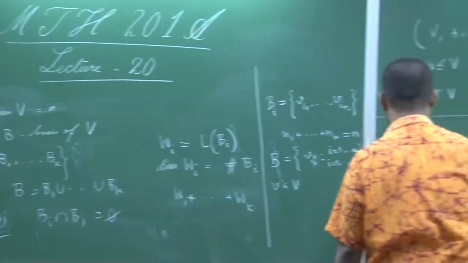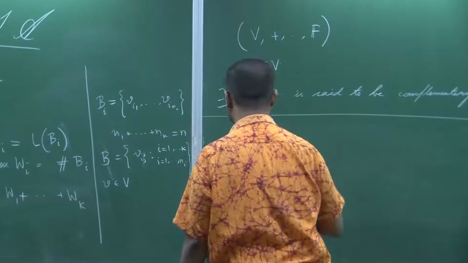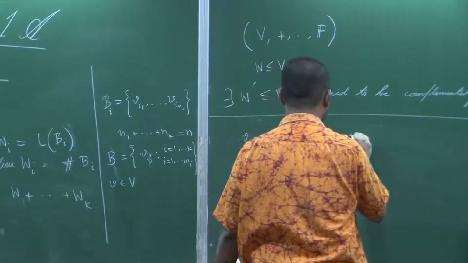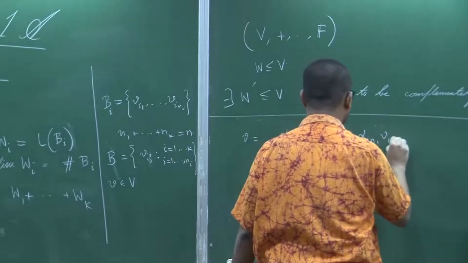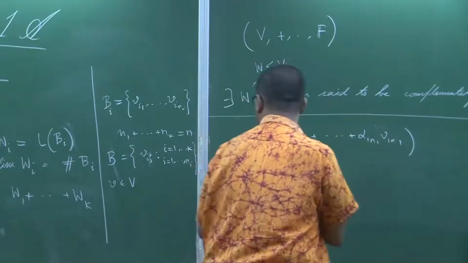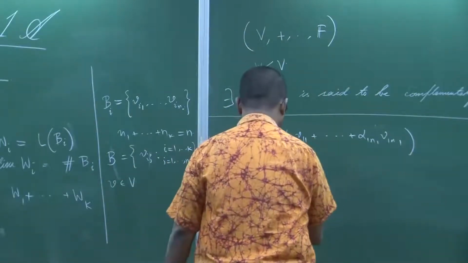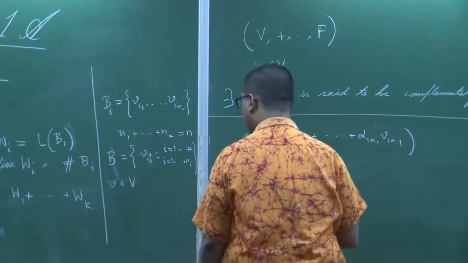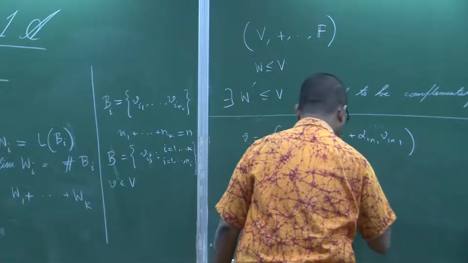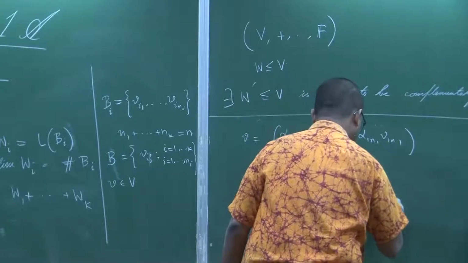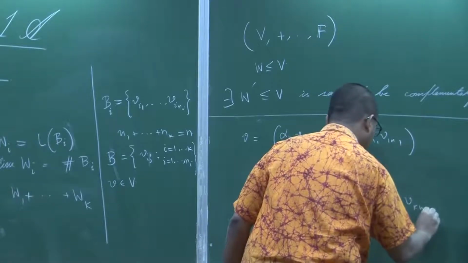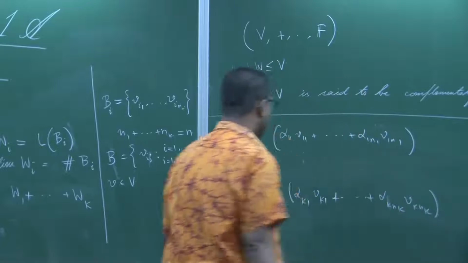So, given V, we must have coefficients as follows: alpha_11 V_11 plus ... plus alpha_1n1 V_1n1. Similarly, such an expression will be there for the basis vectors lying in V2, and so on, up to alpha_k1 V_k1 plus ... plus alpha_knk V_knk.